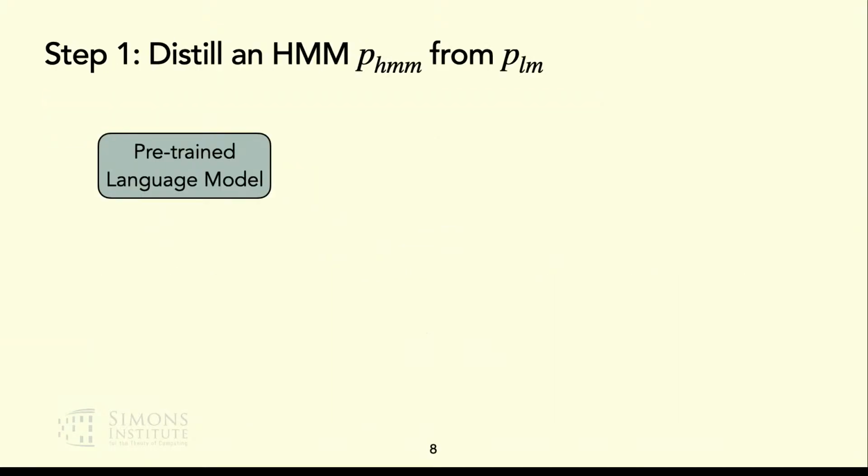Okay, so how do we do this? The first step is that we pick our favorite PC for sequential modeling, which is a hidden Markov model, the simplest we can have. On the other hand, we have our pre-trained language model we want to control or guide.